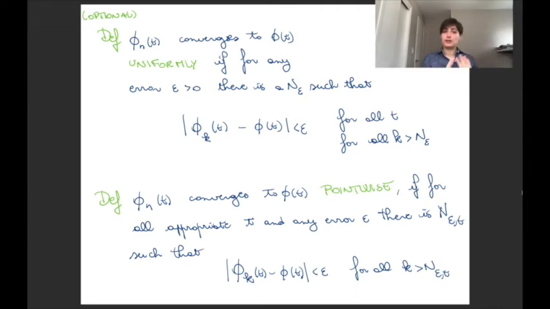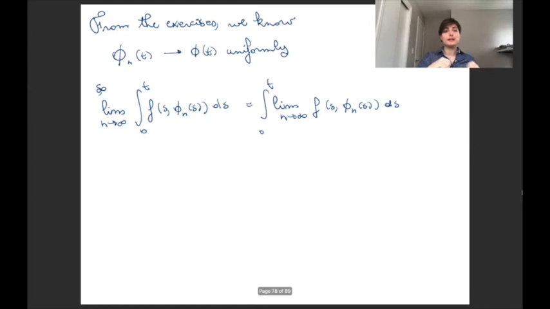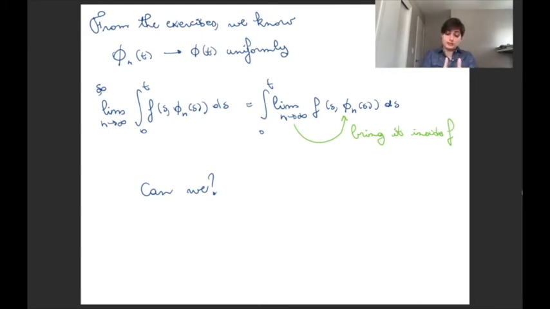Luckily, in our case, we have uniform convergence, so we can shift the limit from outside of the integral to inside the integral. So we're good. The next step is we wonder, can we shift the limit from outside of f to inside f?